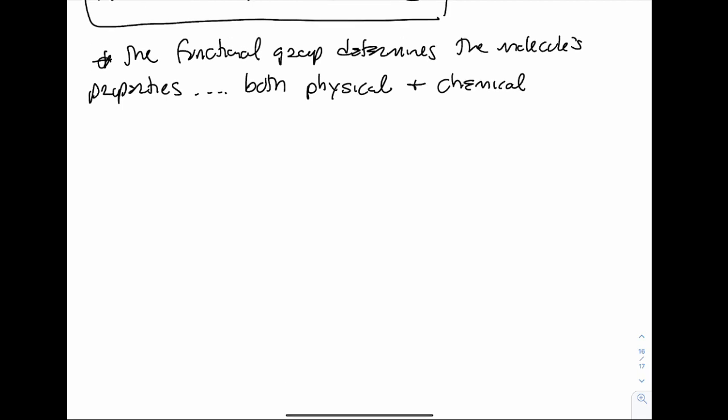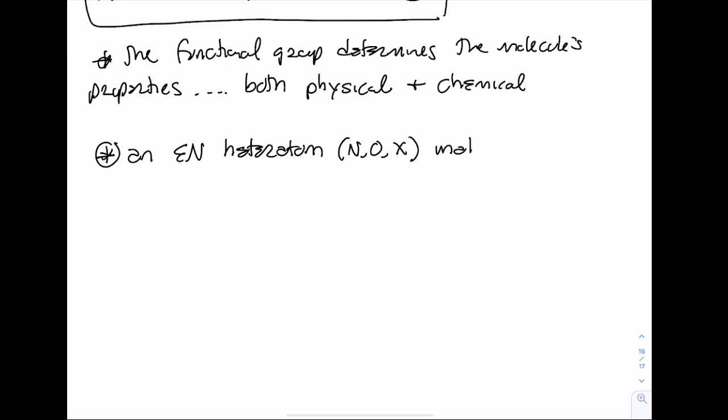So, a couple of rules for us. Our first one: a functional group with an electronegative heteroatom, examples being nitrogen, oxygen, halogens, makes the carbon that it's bonded to electrophilic.